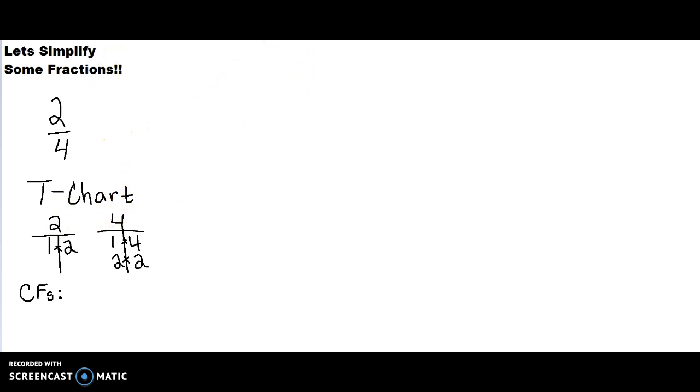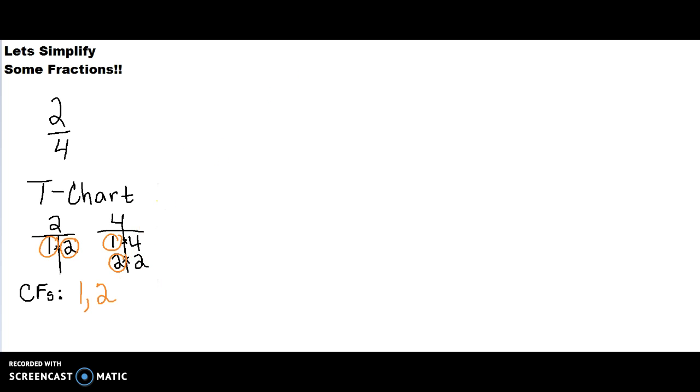The common factors that I see here are a 1 and 1. Let me put a 1 down here. And I see a 2 and a 2. Those are my common factors.